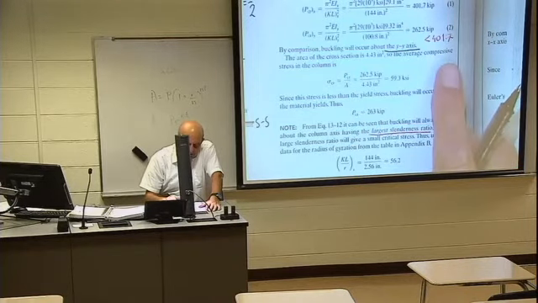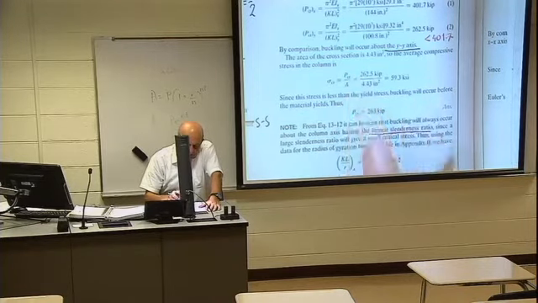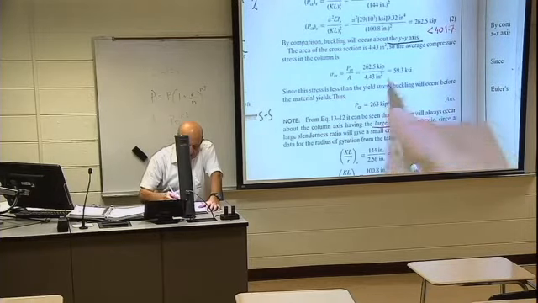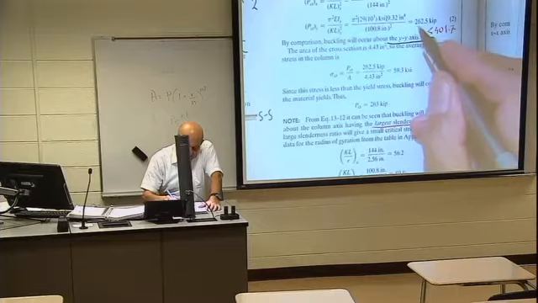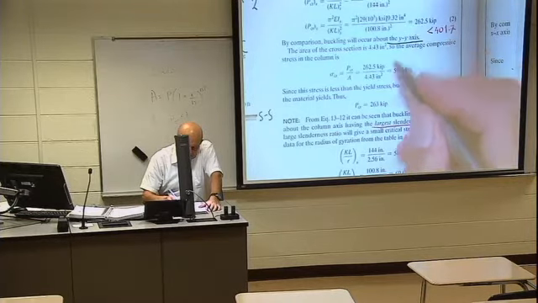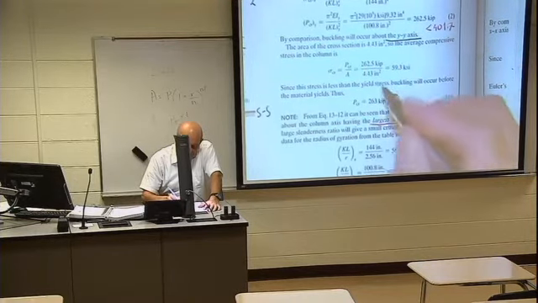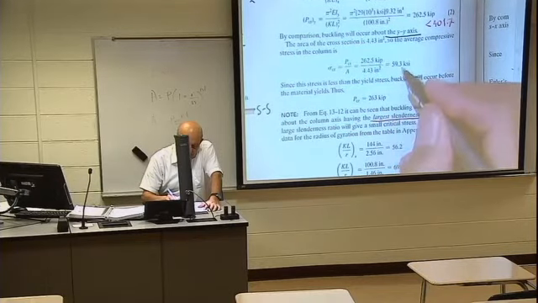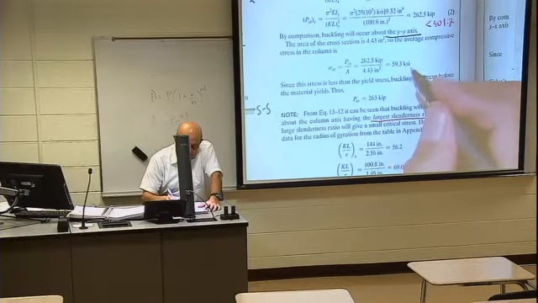So the average compressive stress will be sigma critical equals P critical divided by A. We calculate with respect to the smallest buckling load, 262.5 divided by 4.43 inches squared. So we get 59.3 ksi. That is the stress that will be incurred.